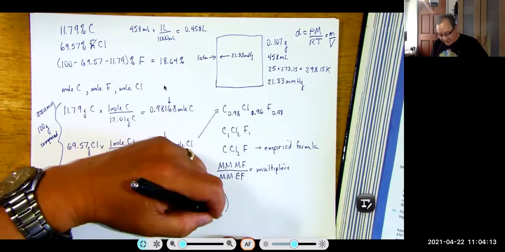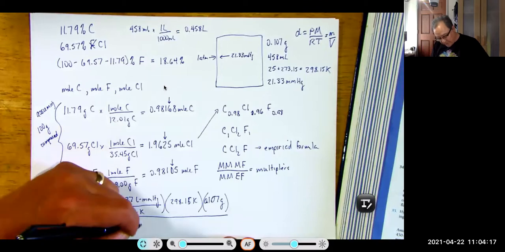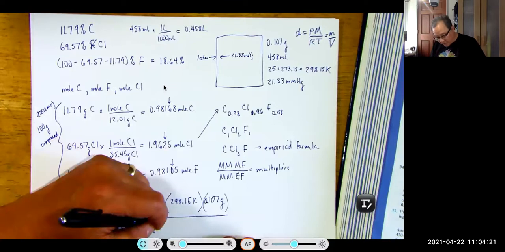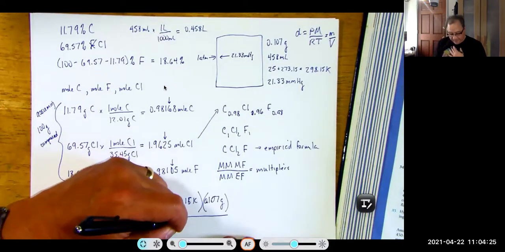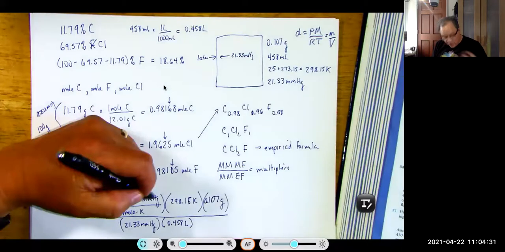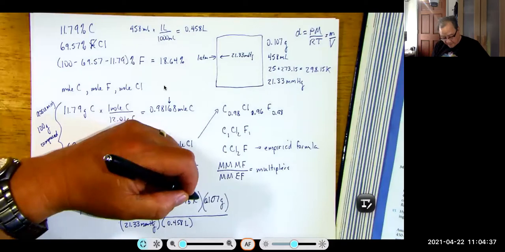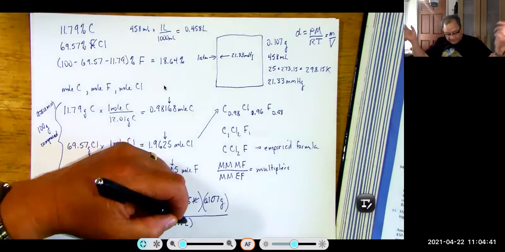The pressure is 21.33 millimeters of mercury. And the volume is 0.458 liters. And I'm going to make sure the units cancel so that we get, hopefully, grams per mole. Yep, we get grams per mole.